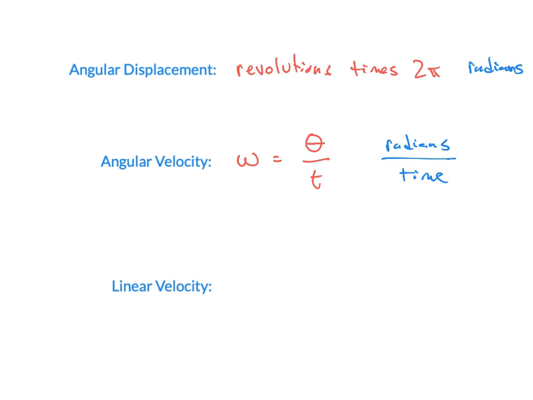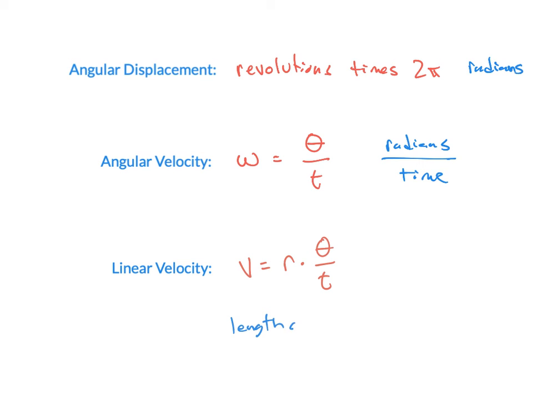And then linear velocity is converting that angular velocity to a linear unit of measure. The way we do that is we multiply the length of the radius times the angular velocity, which was computed by theta over t. So in terms of what you're actually multiplying, it's the length of the radius times the angular velocity. Jeepers creepers, my handwriting is terrible today.